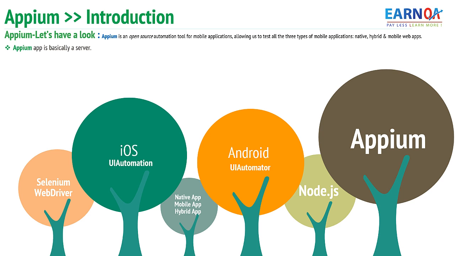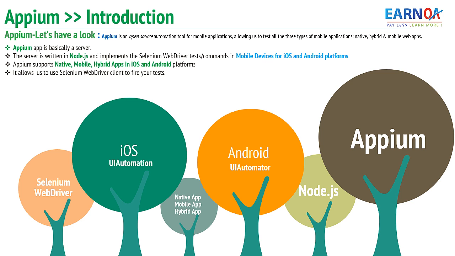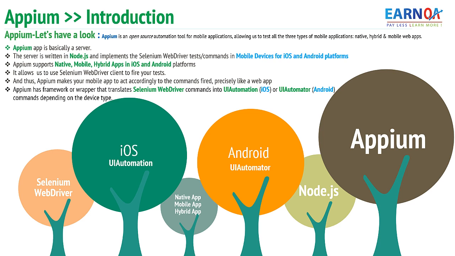The simplest way to put it: it's an open source automation tool designed to test mobile applications. Basically, Appium is a server, and this server is capable of reading Selenium WebDriver scripts and transforming them into Android-specific or iOS-specific framework tests so that mobile applications can be tested on Android and iOS.